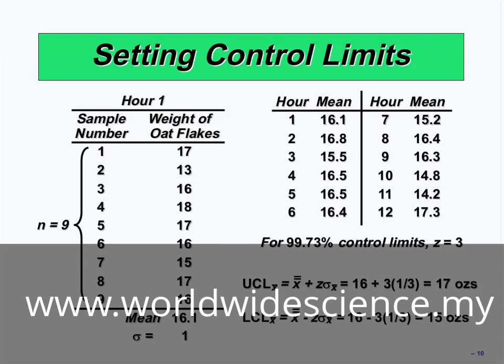In hour 2, the operation manager repeats this process again, selects 9 cups, weighs them, calculates the mean, and writes it directly to this table, 16.8. In hour 3, the mean for 9 cups was 15.5.